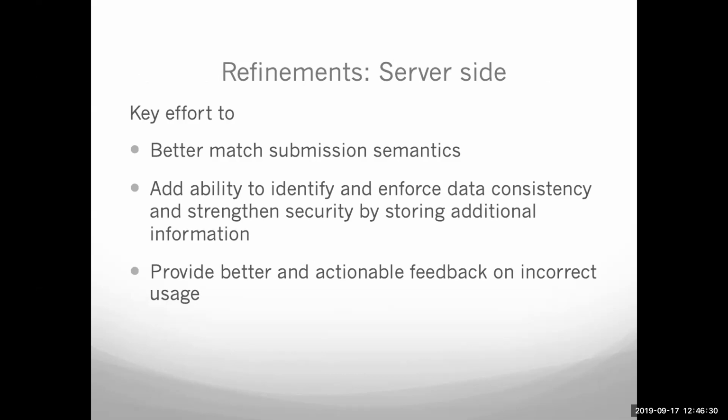So what we decided to do was we needed to make refinements for all parties. The first thing we did was look at the server side and figure out what the gateways need, and develop a system that matches what the gateways are actually submitting.